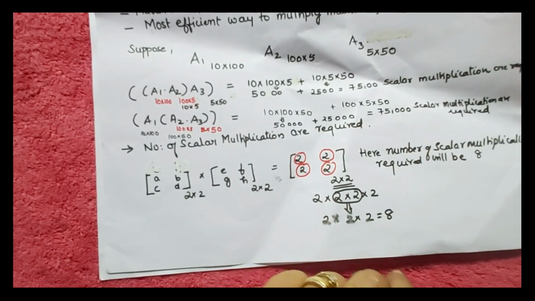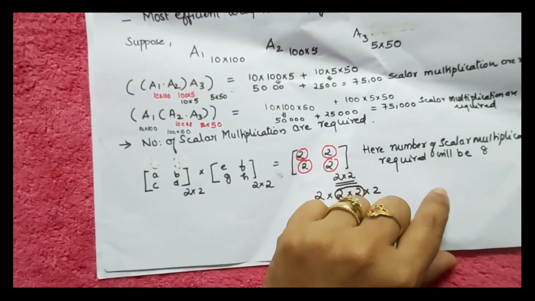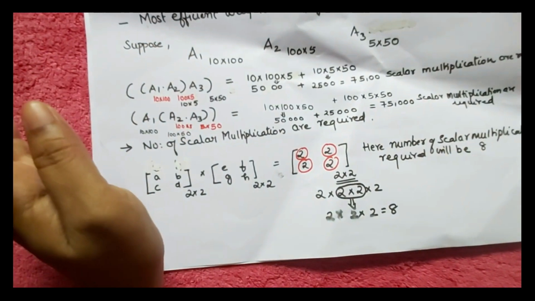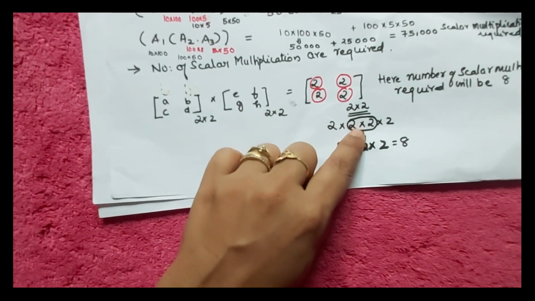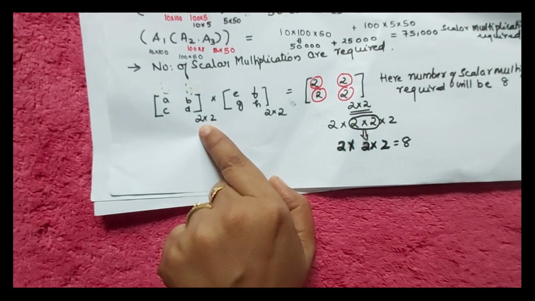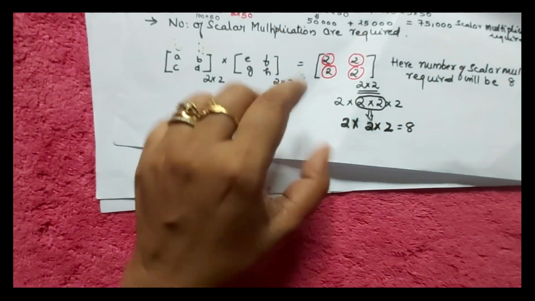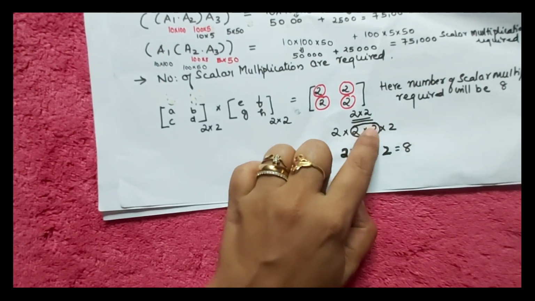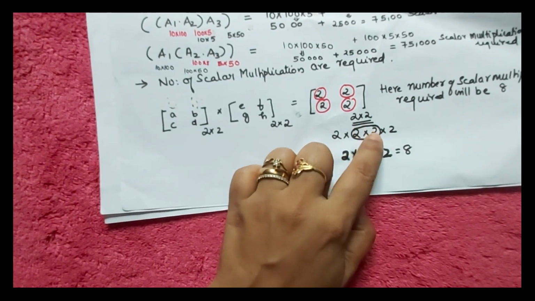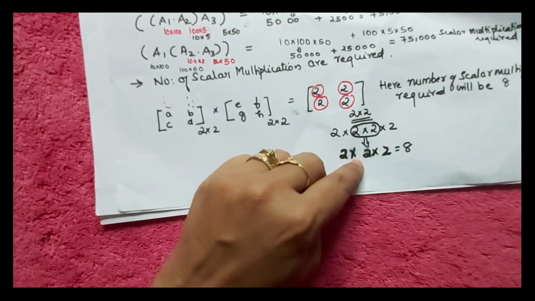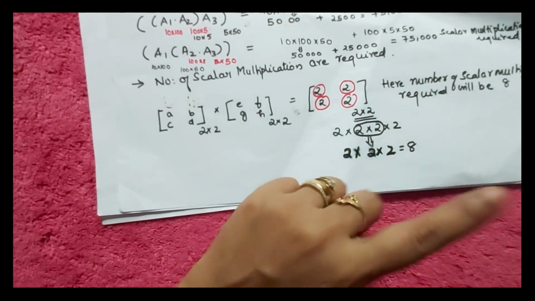So together 8 scalar multiplications are required to multiply these two matrices. That is 2 into 2, the order of the first matrix, 2 into 2, the order of the second matrix, with the middle 2 shared, so 2 into 2 into 2 is equal to 8.